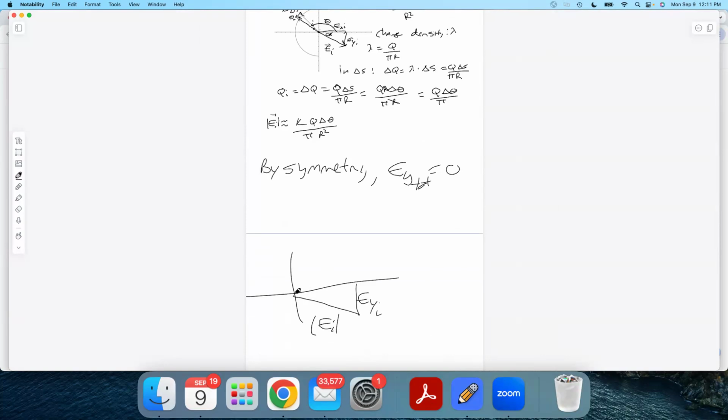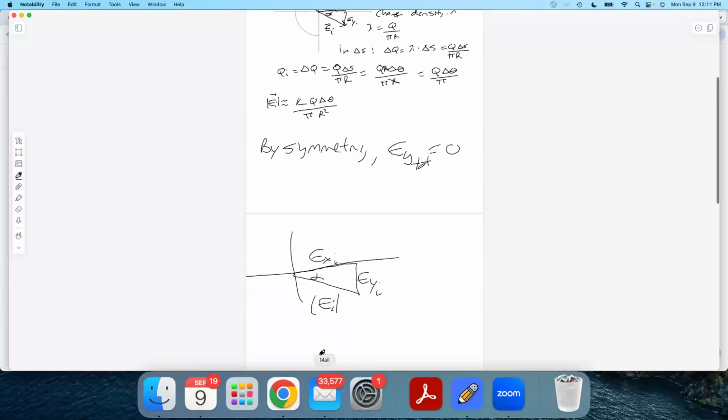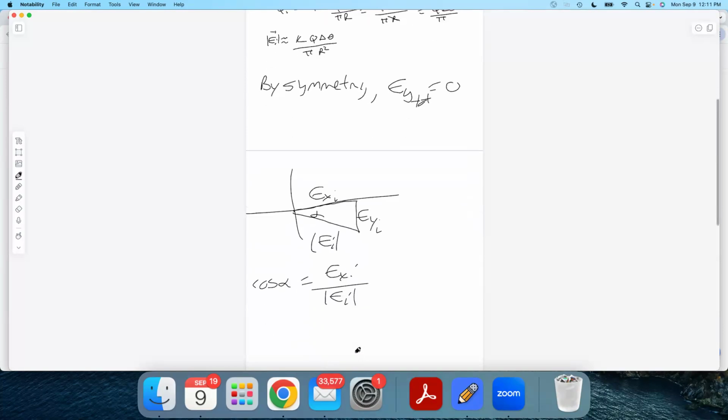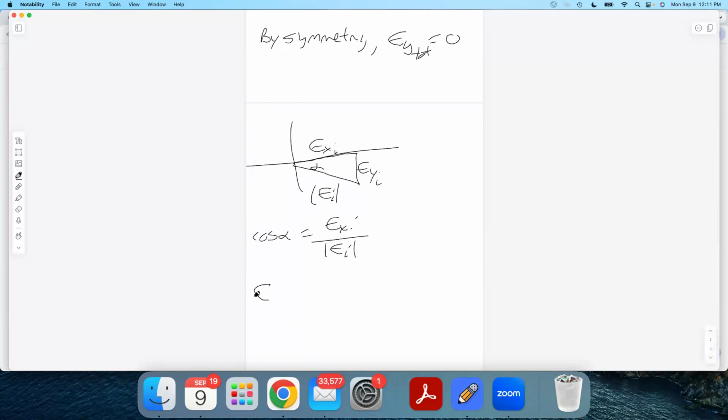Here's the y component of that, and here's the x component of that. And this is the angle alpha. Then cosine of alpha will be adjacent over hypotenuse, which means E_xi, which we're actually going to end up calculating, is the magnitude of E_i times cosine of alpha.